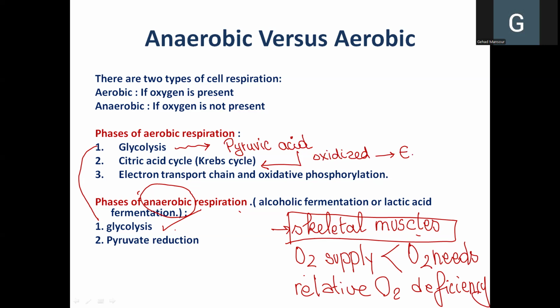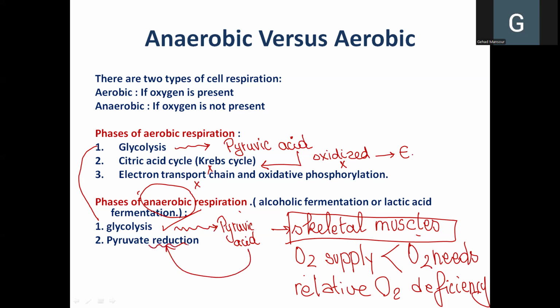In anaerobic respiration, glycolysis will occur as usual and will produce pyruvic acid as usual, but in the absence of oxygen, there will be no Krebs cycle, no electron transport chain, and therefore no oxidation of pyruvic acid.